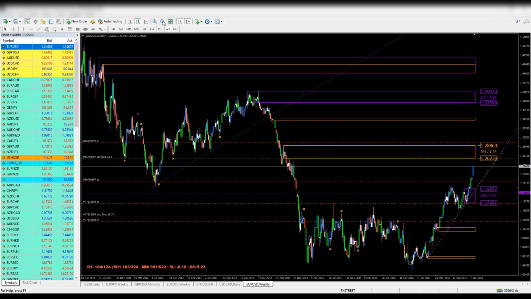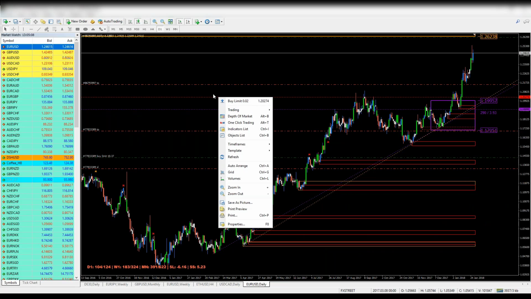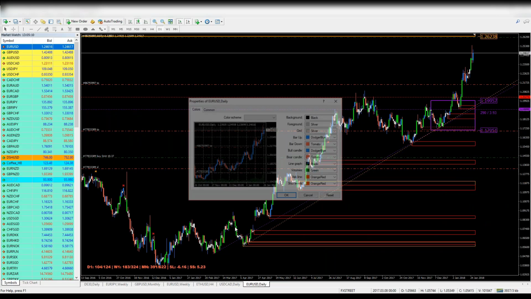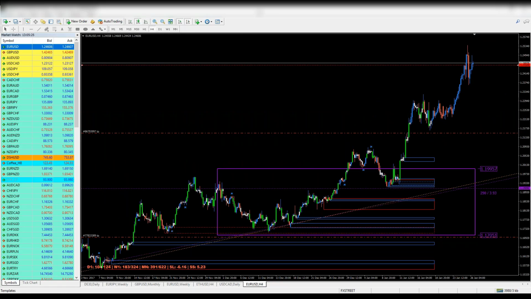If we go down to the daily chart, and we put in a trend line. So if we have a look at that, price came to that, it tested it. Let's have a look to the right.